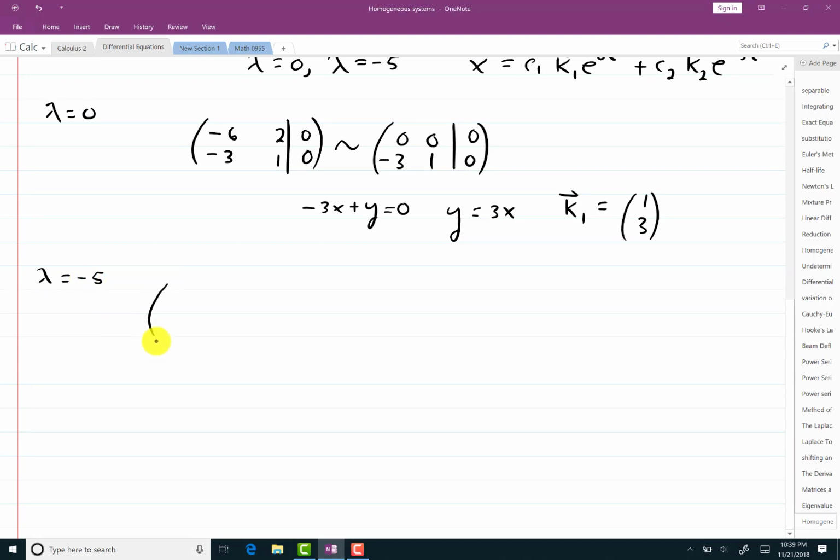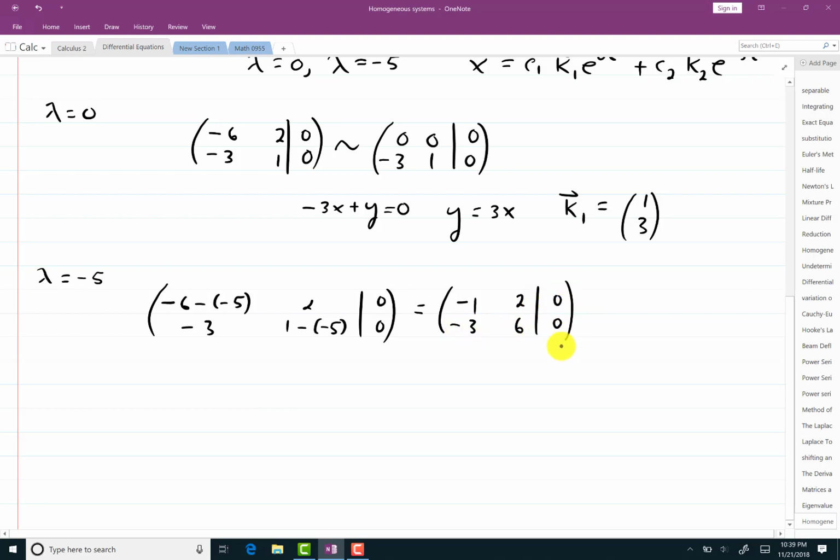So this time we are looking at negative 6 minus negative 5, 2, negative 3, 1 minus negative 5. Let me simplify it a little bit. Here on the top I'll get negative 1, 2, and on the bottom I will get negative 3, 6.